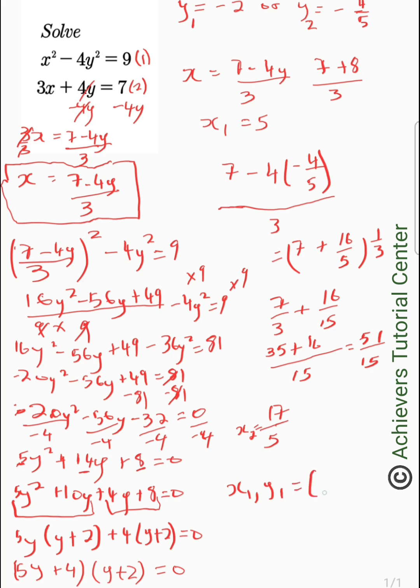This equals x1 is 5 comma -2, and x2 comma y2 equals x2, which is 17 over 5, comma y2, which is -4 over 5. So I hope you learned something important today.